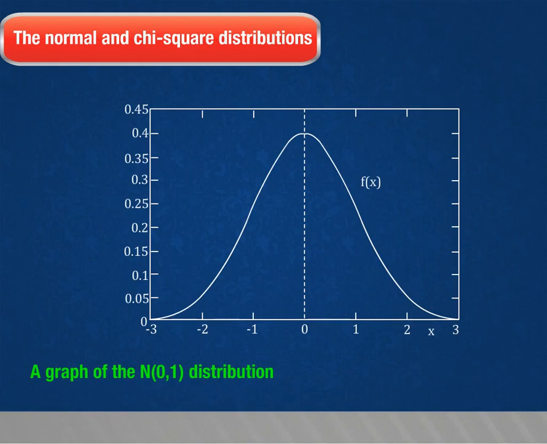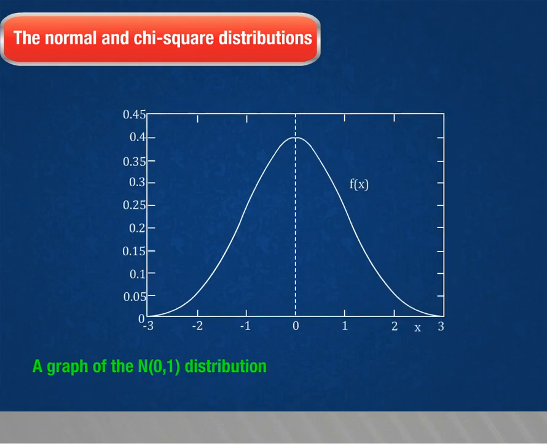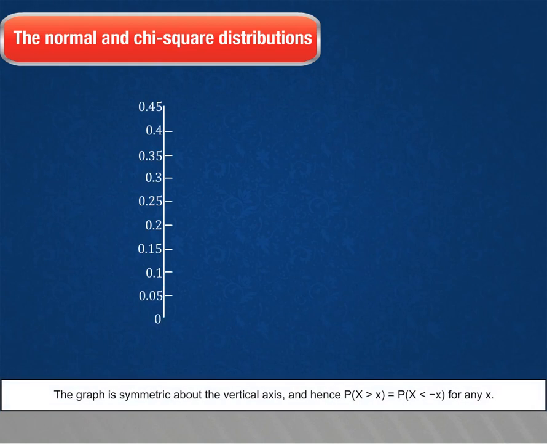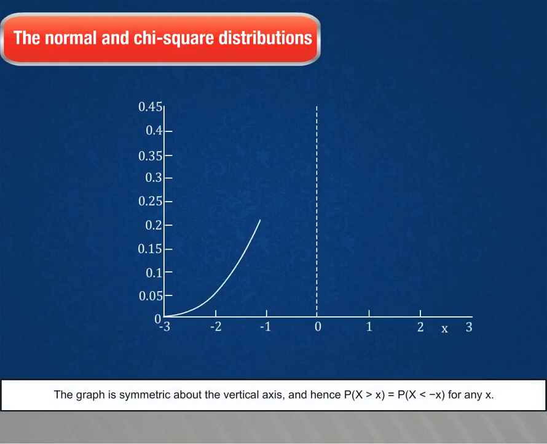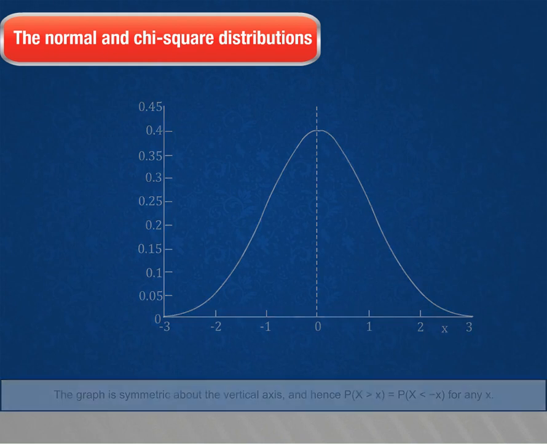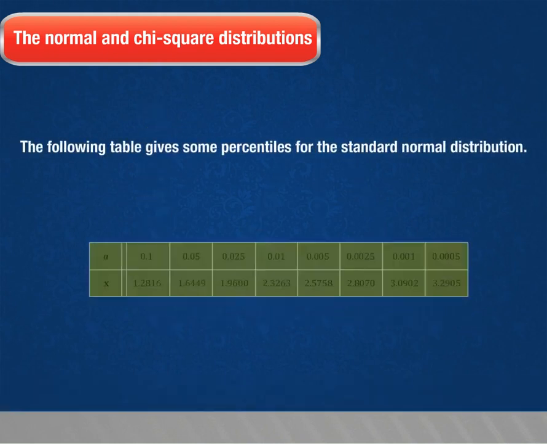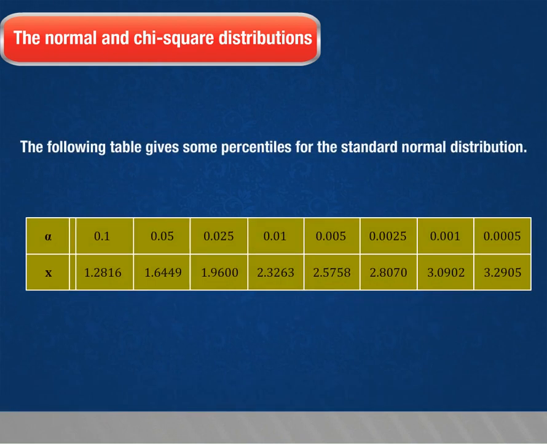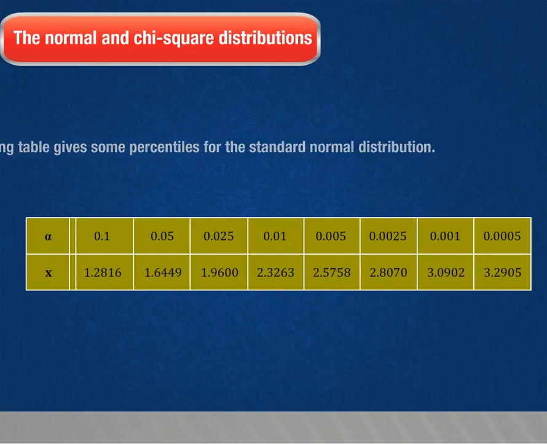A graph of the N of 0, 1 distribution. The graph is symmetric about the vertical axis, and hence P of X greater than x is equal to P of X less than minus x for any x. The following table gives some percentiles for the standard normal distribution.